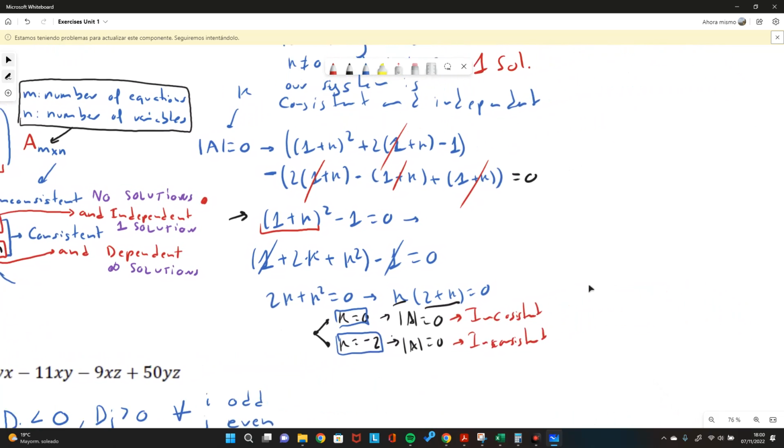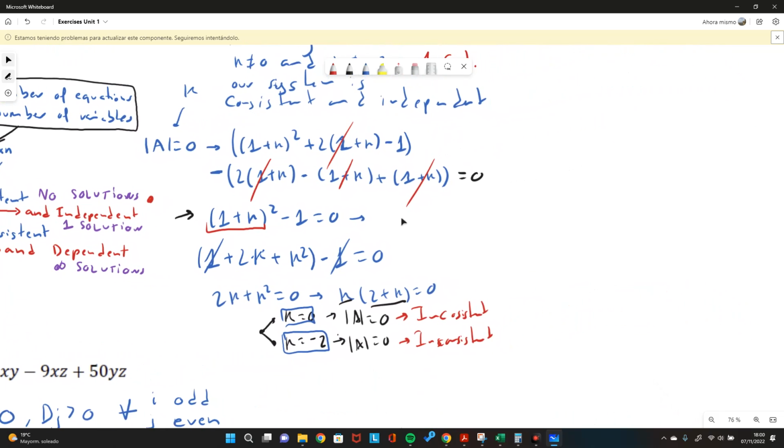See here. I think I have the system over here. Yes, for minus 2, the system stays like this; for 0 and for minus 2. First, for 0, okay?